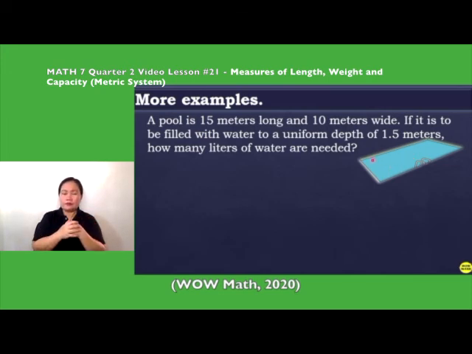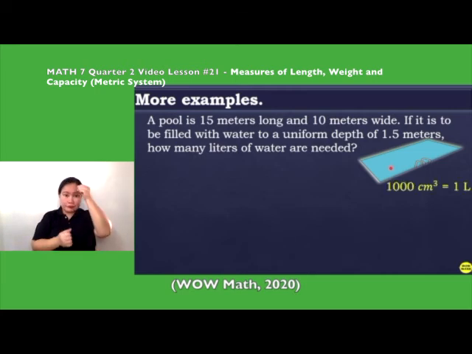So, ang pool daw is 15 meters long, 10 meters wide, at ang lalim niya ay 1.5 meters. Ulitin ko, 15 meters long, 10 meters wide, at ang lalim niya ay 1.5 meters. So, ito po ay example ng volume. Okay, so volume na po ito. Yung kanina, bago ito, capacity.